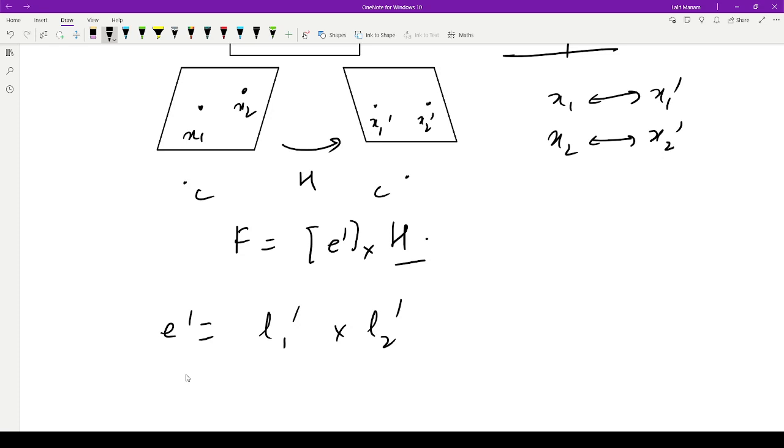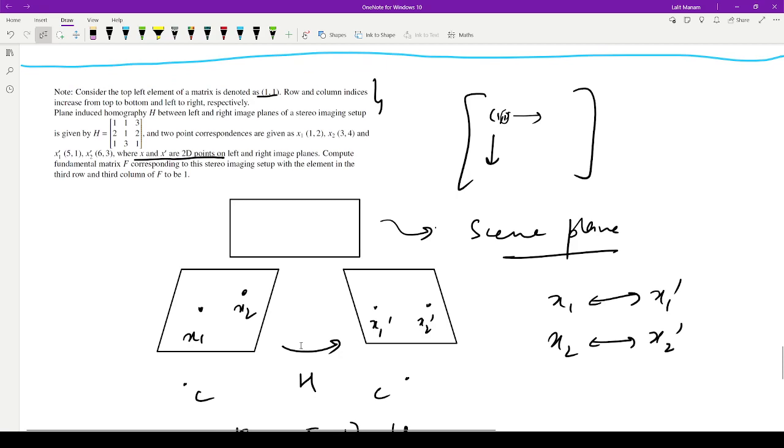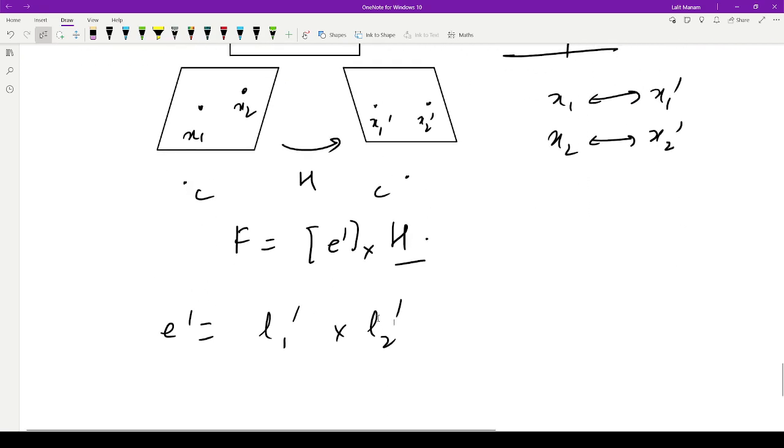Can you use it? If we have 2 points in the right image plane, then we can just take a cross product and get that, right? How can we get 2 points in the right image plane?